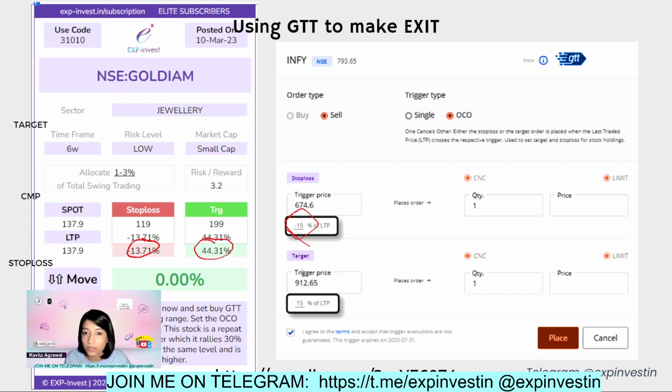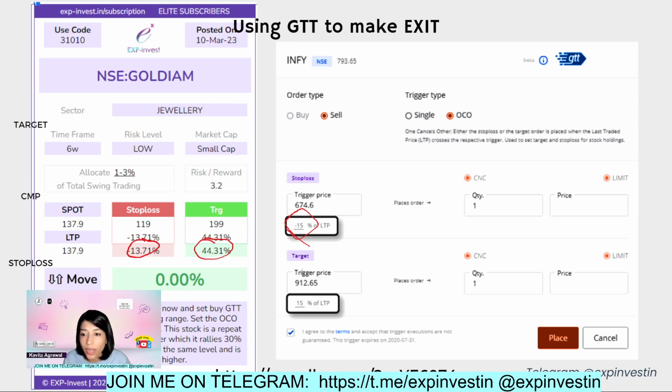So let me actually do one more thing for you. Give me a second. I am trying to make this slightly more informational. So I'm going to take a more recent stock idea for this because I want to demonstrate one point. So this is a more recent stock idea.